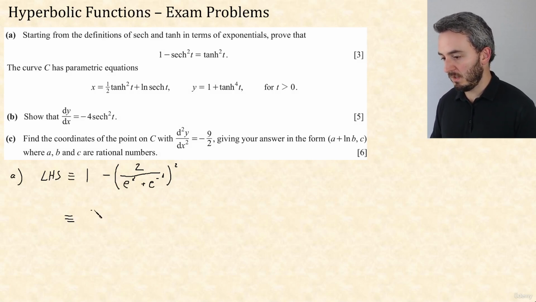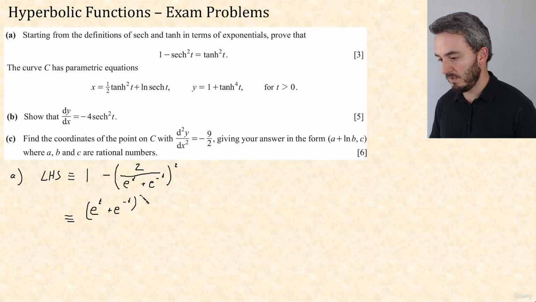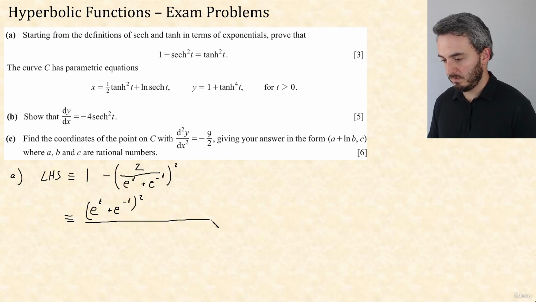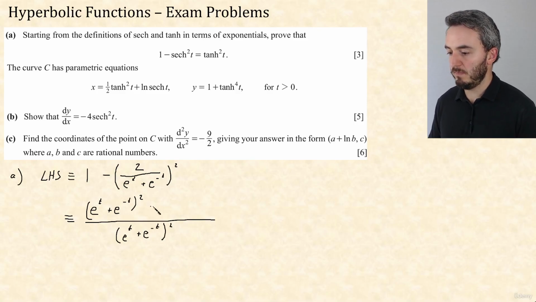So that can give me e to the t plus e to the minus t all squared over e to the t plus e to the minus t all squared. That's the 1, done, minus 4.